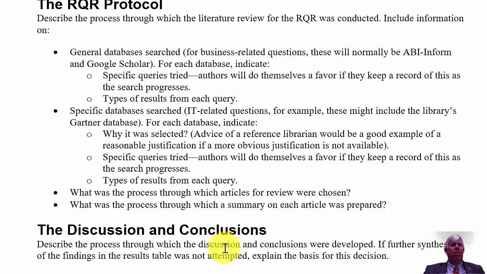If there's anything that is not self-evident in the paper about the discussion and conclusions, you can include it here. And if you decided not to try to synthesize the findings, more or less just stopping with the table and jumping right to conclusions, then you might explain why you did not feel it was necessary to have further discussion.